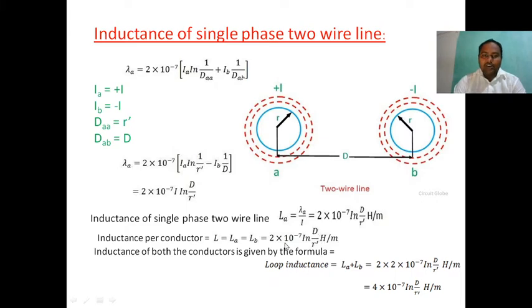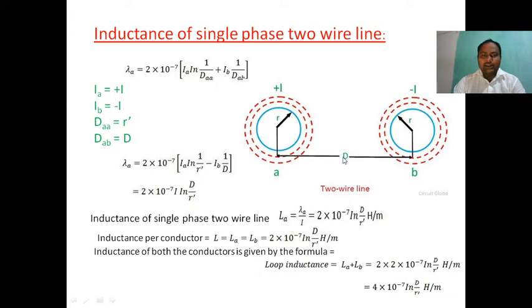So you observe carefully, the inductance of a single conductor we get is the same. Here this is also a single conductor, LB. The LA is nothing but internal flux linkage plus external flux linkage. What you get is 2 into 10 power minus 7 log D by R dash, where R dash is equal to 0.7788 times R.